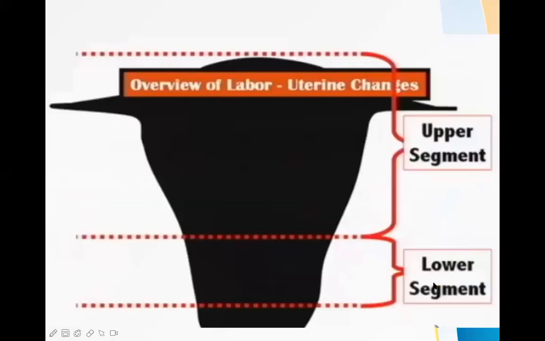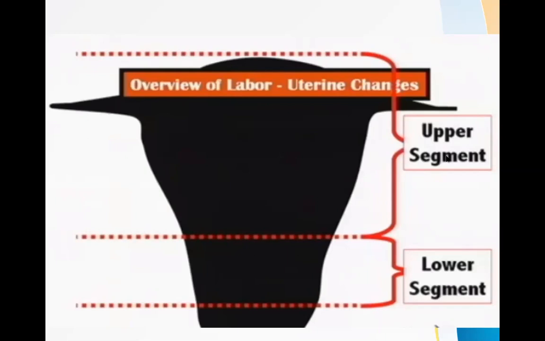Now, let's explain this effacement and dilatation with the help of some diagrams. So this is the upper uterine segment, and here is the lower uterine segment. Every student knows this already because I've explained this so many times. Upper uterine segment is a muscular part. During the labor, or even during the third trimester of pregnancy, this difference between upper segment and lower segment is already defined.